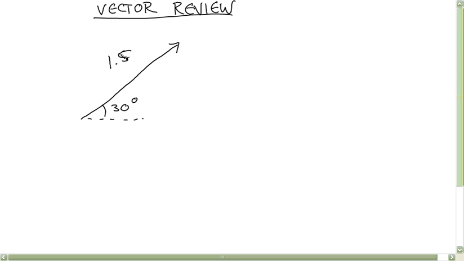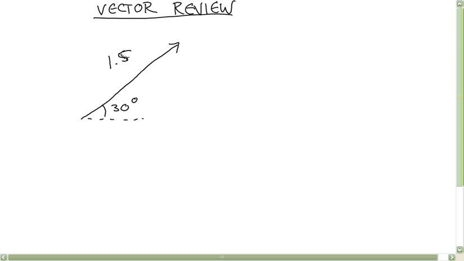And no matter who's looking at it, it's still angled at 30 degrees from the ground. It still has a length of 1.5 meters, right? If I look at it sitting here, it looks one way. If I look at it sitting here with my head like this, it looks a different way, but it's still the same vector, right?